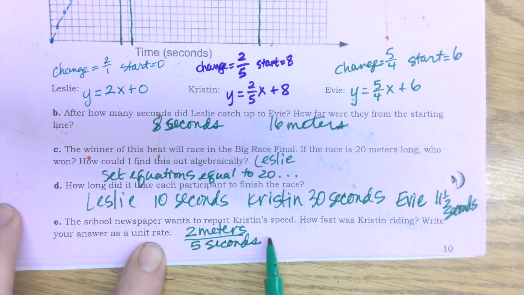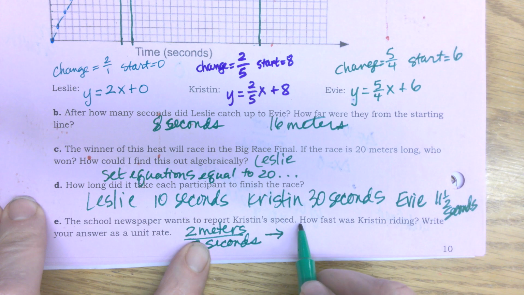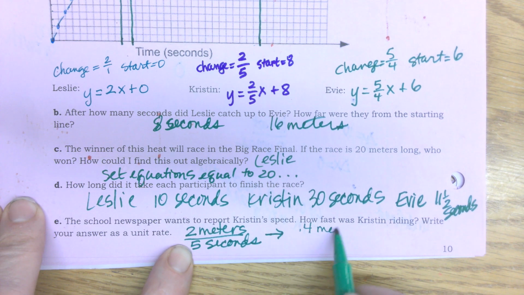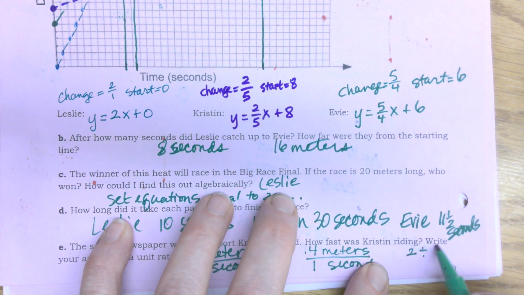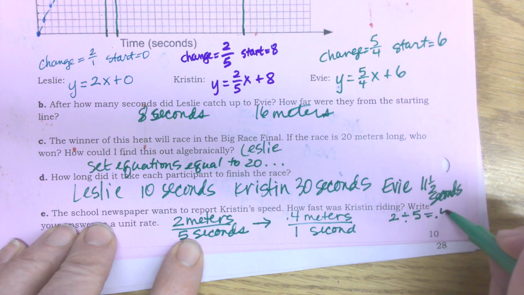If I had to write that as a unit rate, that means make the bottom 1. It would be 0.4 meters per 1 second. How did I do that? I did 2 divided by 5, which gave me 0.4.